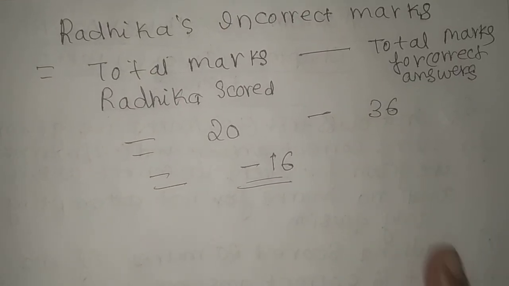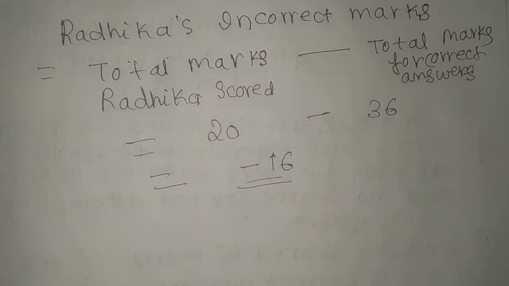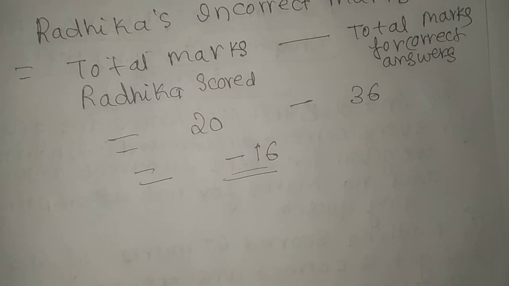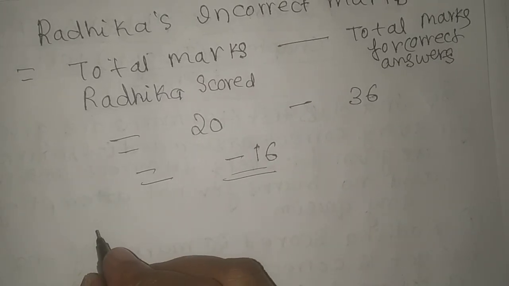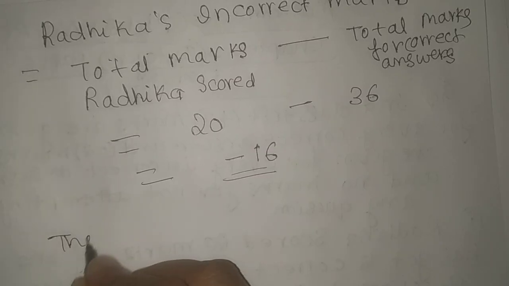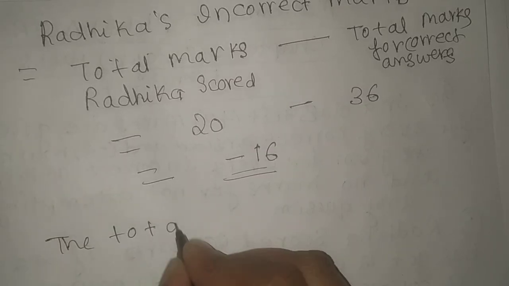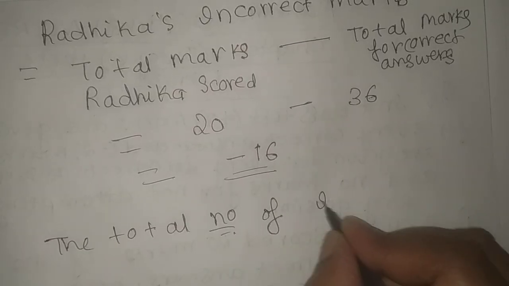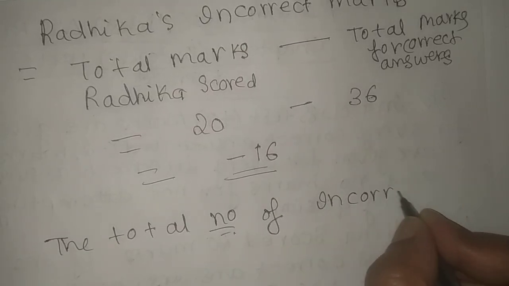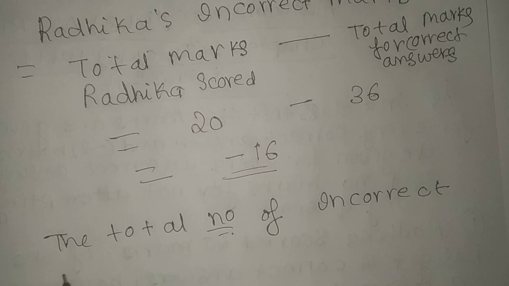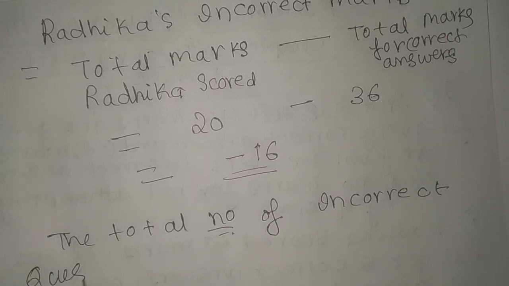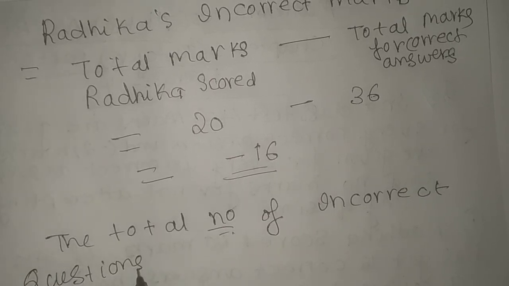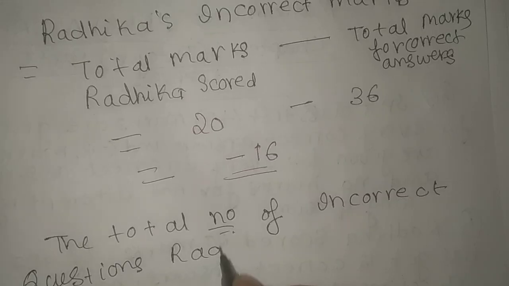So total marks minus marks awarded for correct answers. Now we have to calculate the total number of incorrect questions Radhika attempted.